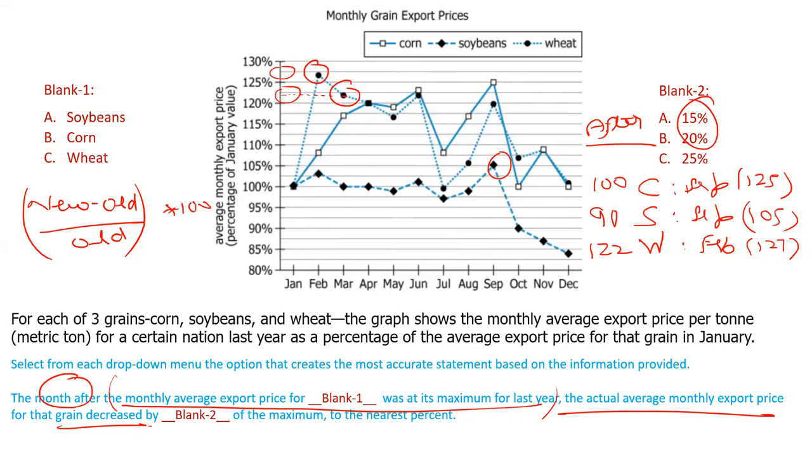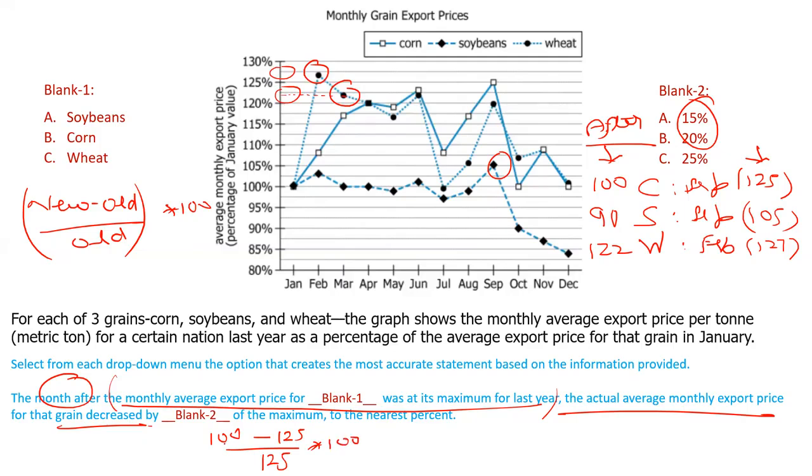So what was the percentage decrease in the corn price? New, what is the new price? This. What was the old price for corn? This. Correct. So percentage change would be new minus old divided by old into 100.